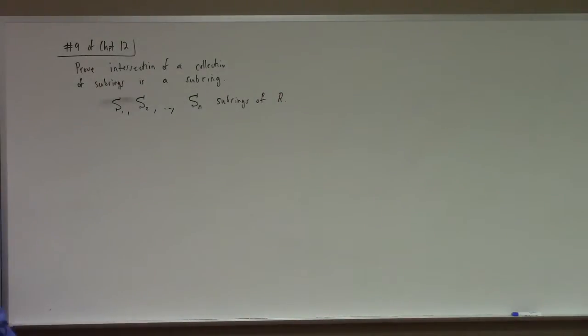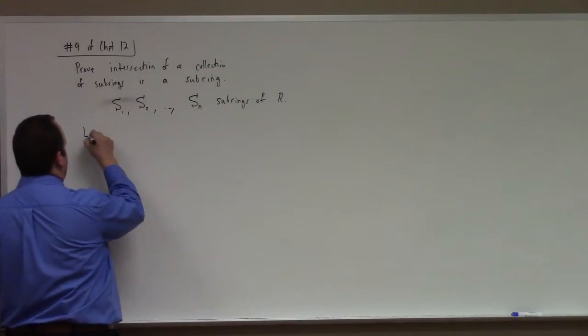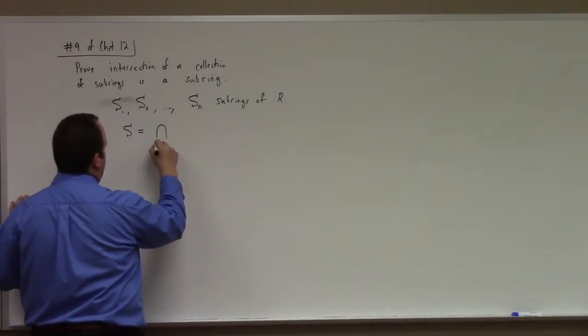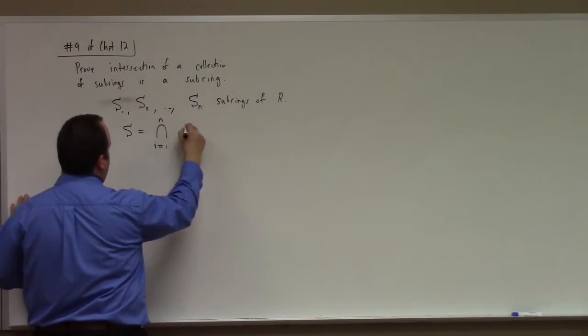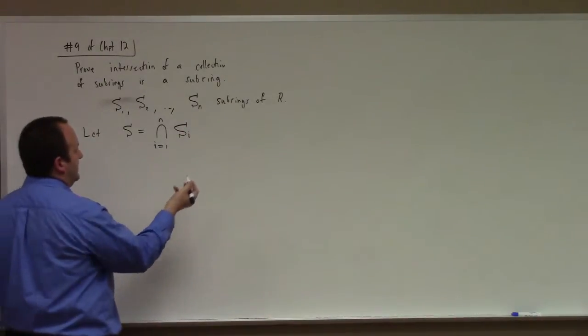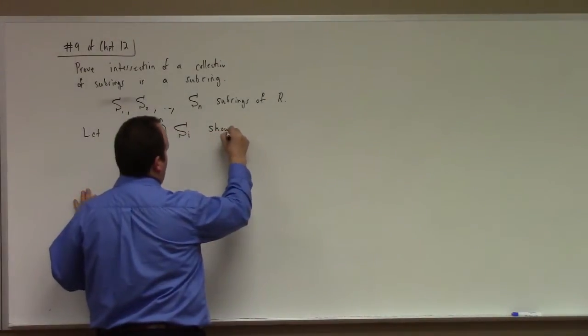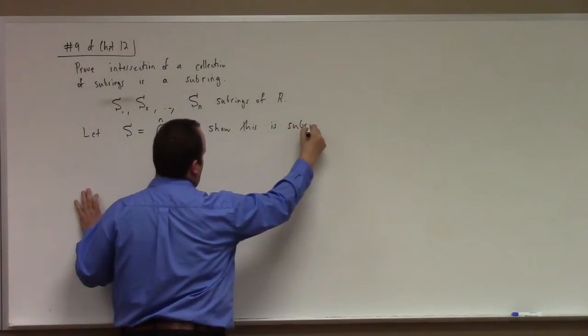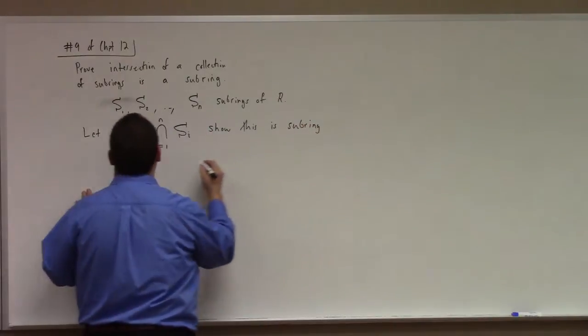And so if I want to show that the intersection of those, right? So let S equal the intersection for I equals 1 to n of S sub I. I want to show that this is a subring of the ring.